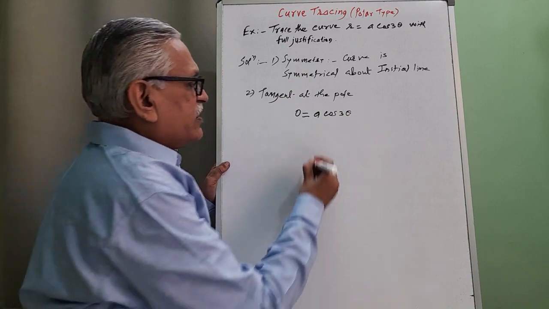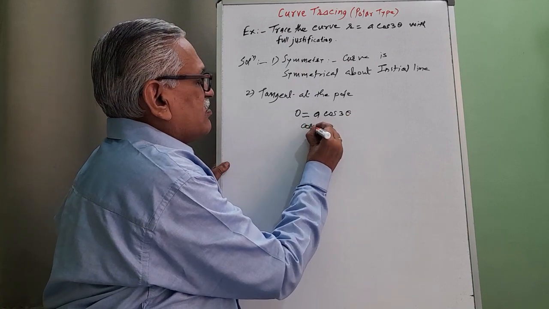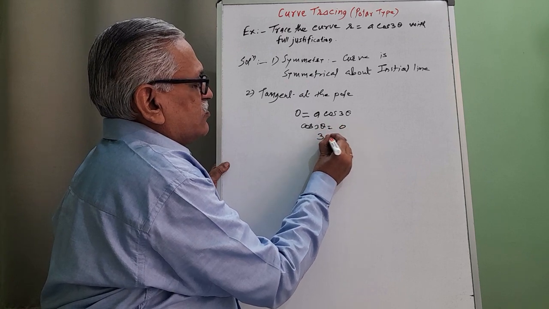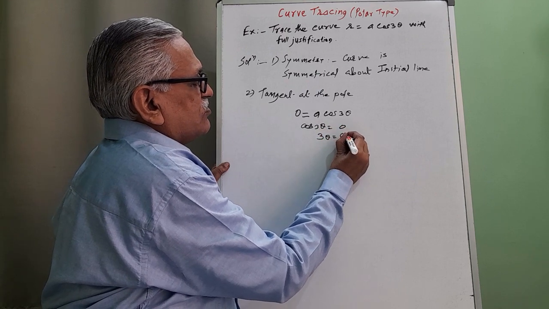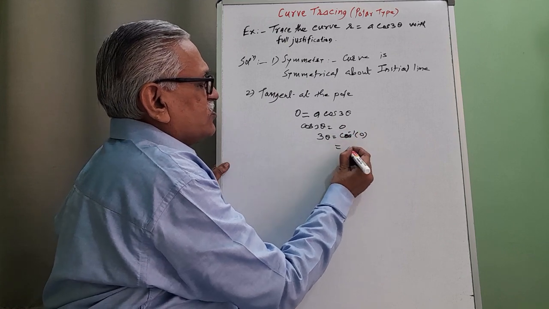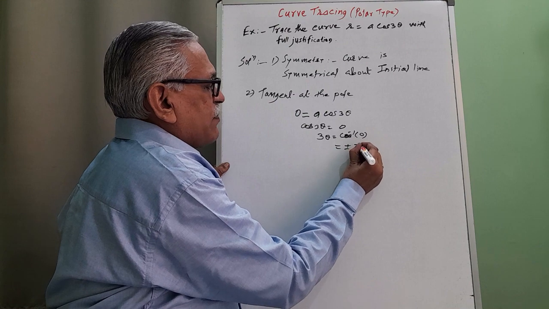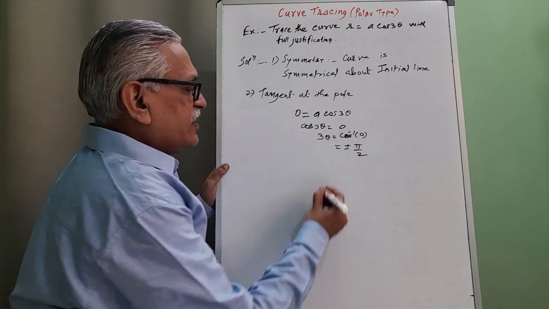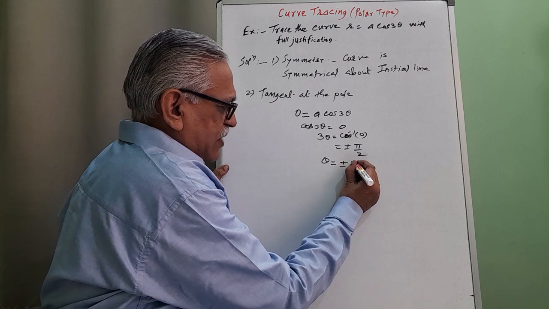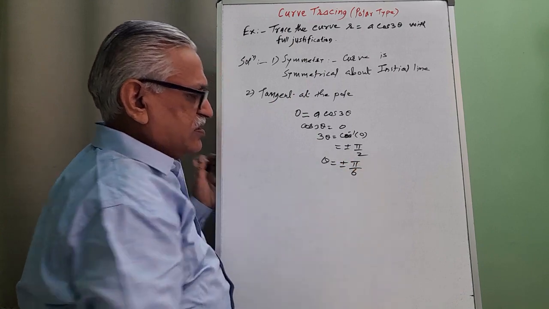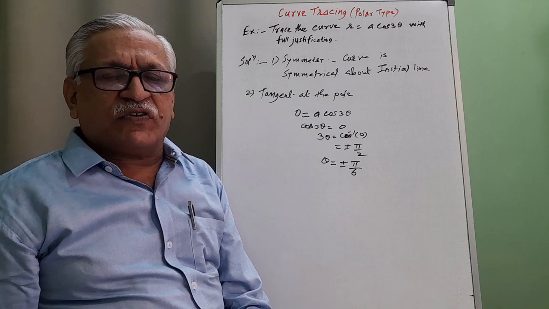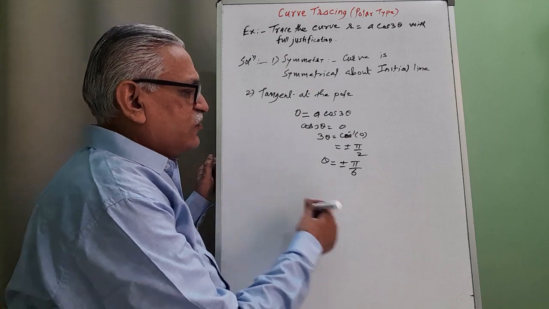Dividing by a, we get cos 3θ = 0, so 3θ = cos inverse of 0, which is ±π/2. Therefore we get θ = ±π/6. These two lines are two different tangents at that point, and that's why we get a node point.